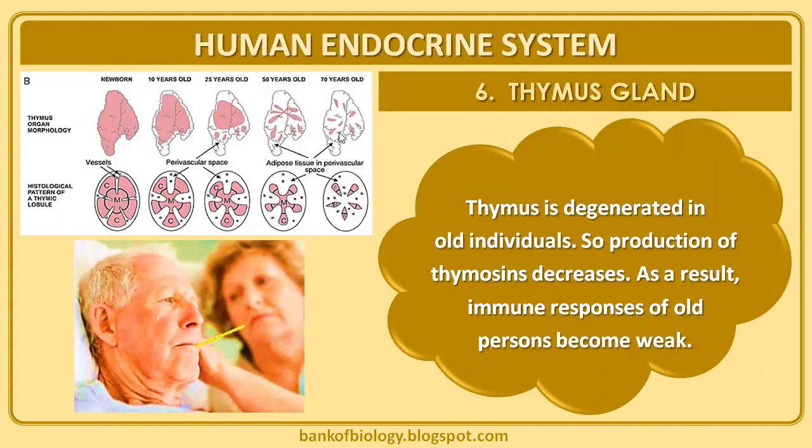So age-wise, the thymus gland is reduced. That's why we say it's a child gland. That means if the age is growing, we can't say that maturation of the lymphocytes can happen. So in general, the immune response in an old person is comparatively weak compared with the younger generation.